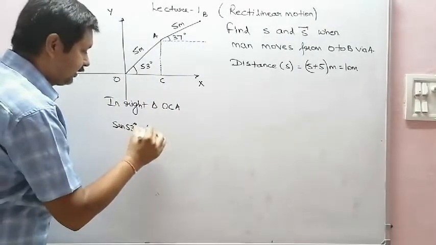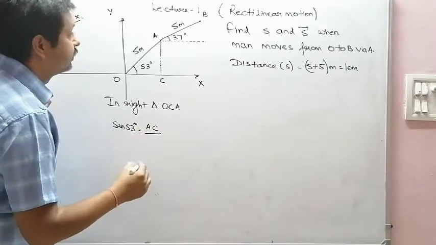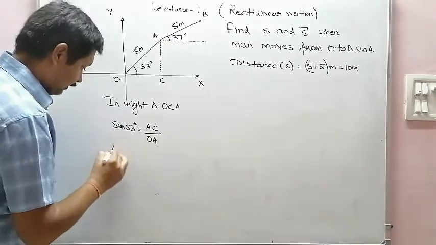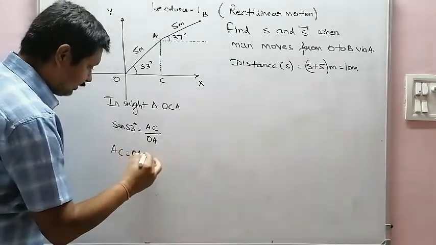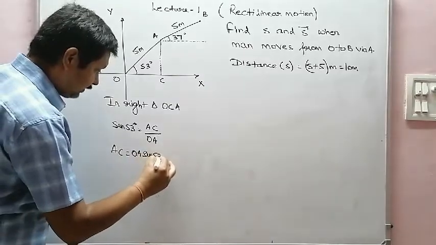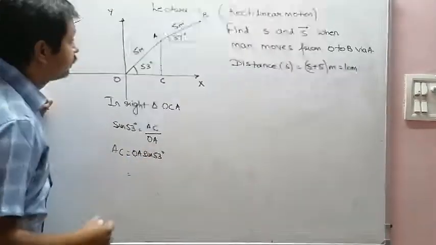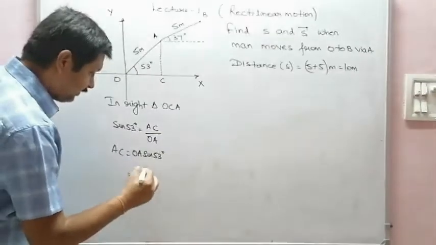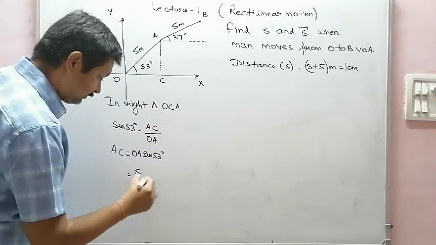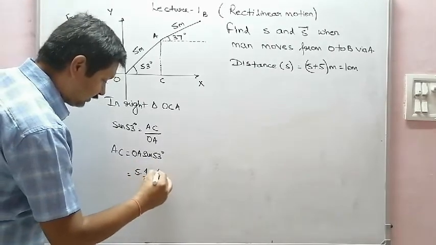Sine 53 degree will become AC by OA. So AC becomes OA sine 53 degree. OA means 5. 5 into sine 53 degree is 4 by 5. That is, it becomes 4.